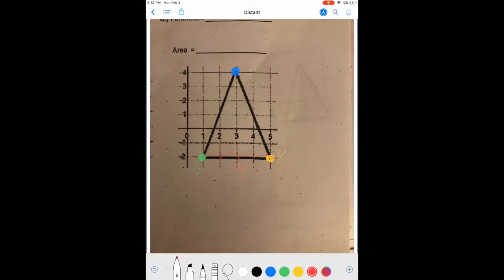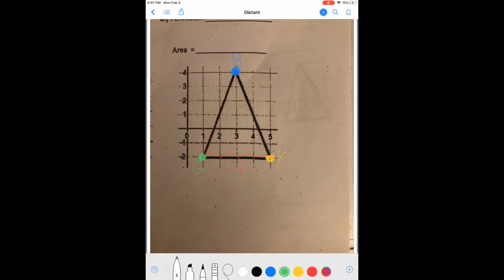Now the other ones, you can see how it's cutting the boxes unevenly. So we don't know exactly how many boxes are in between the green or the G to the B, or the green to the blue, or the B to the Y, or the blue to the yellow. So we have to come in here and figure out what the ordered pairs are.